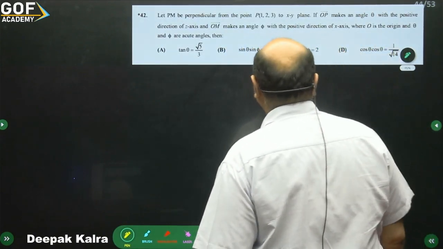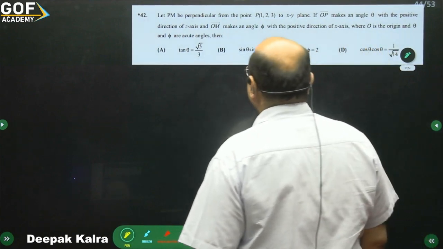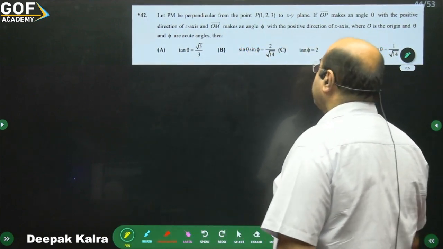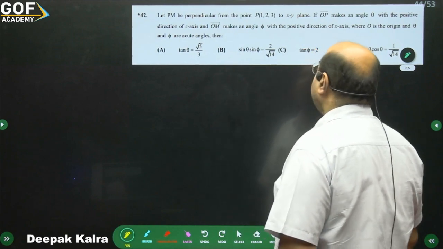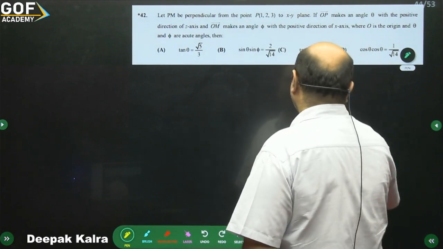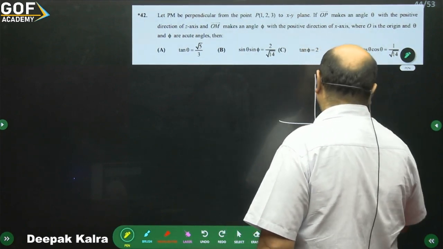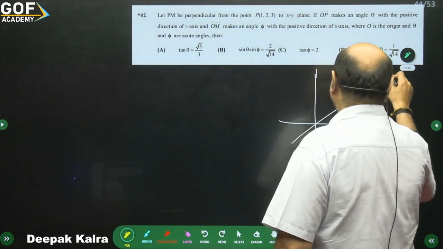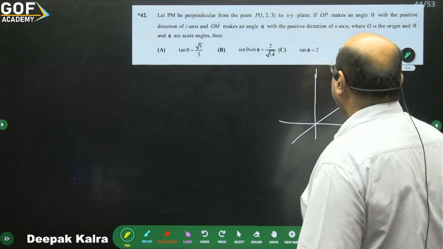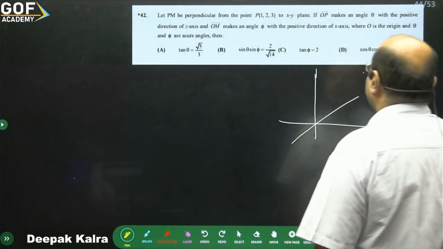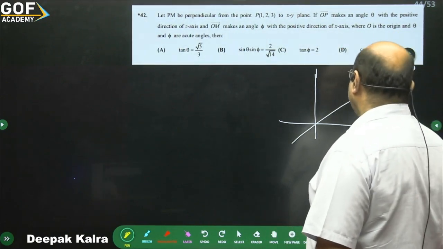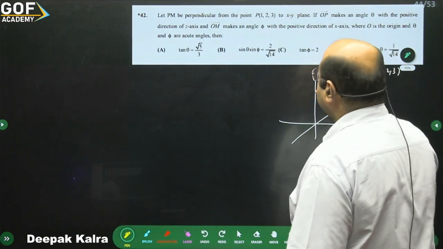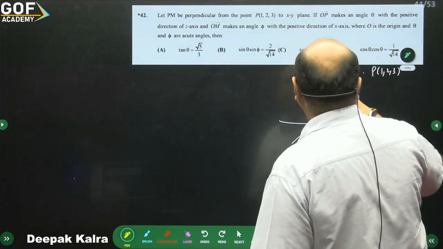Okay. What is there in this? PM is perpendicular from the point 1, 2, 3 in the first octant. O is origin.